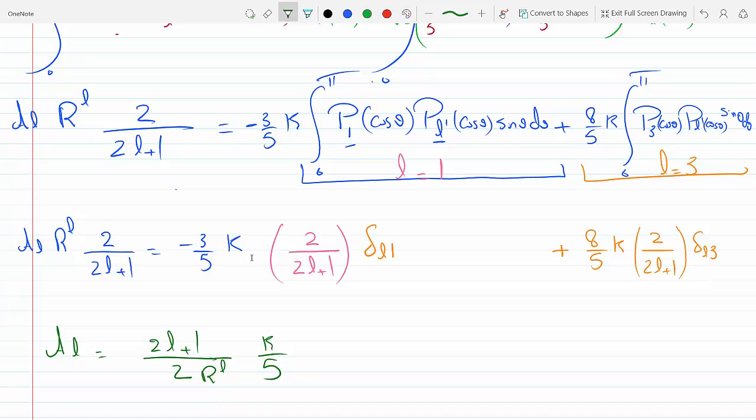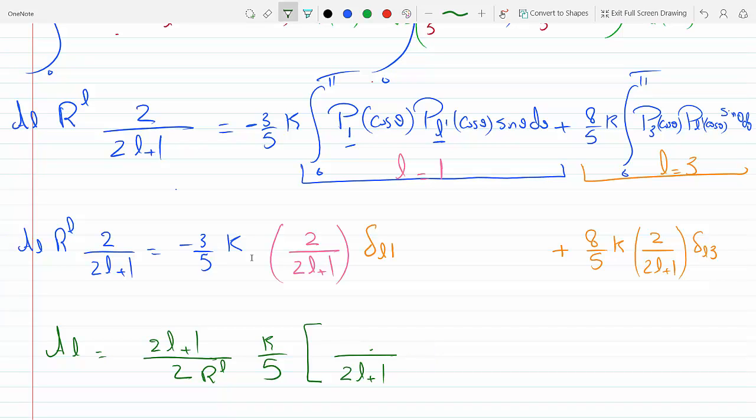Okay. And I have 2L plus 1. So what do I have left? I have left 2 over 2L plus 1, if I factor out the k over 5, times minus 6.